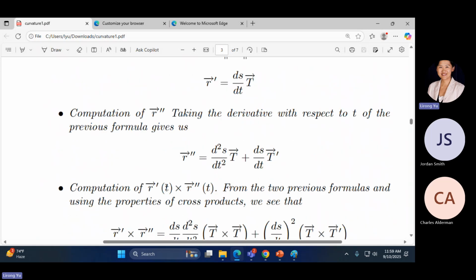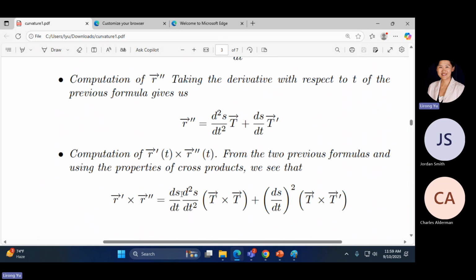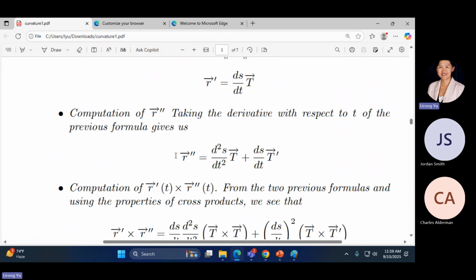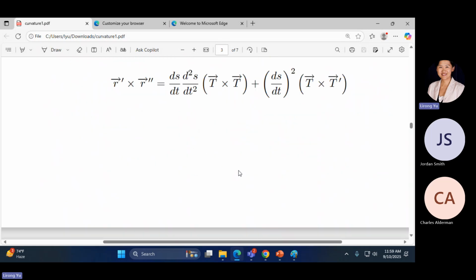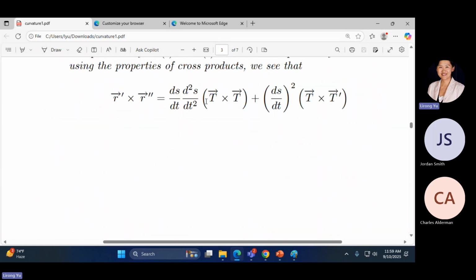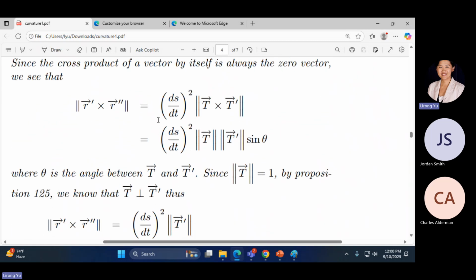And then we're going to calculate the cross product of R prime and R double prime. In order to do this, we multiply by the cross product with R prime on both sides of this equation. That's how you get that one. And then T is a unit vector. If you cross it with itself, T cross T equals 0, it has 0 magnitude. So if you take the magnitude of both sides of the equation, this equals this. So that's what we get here.